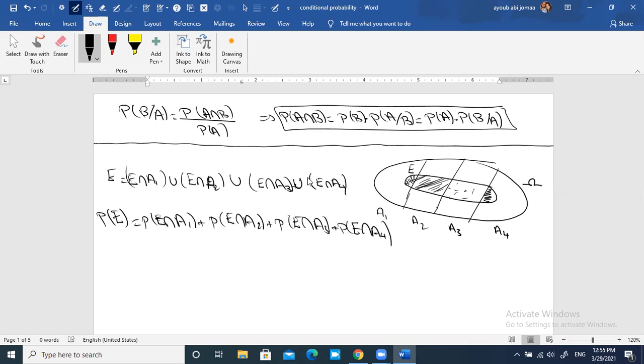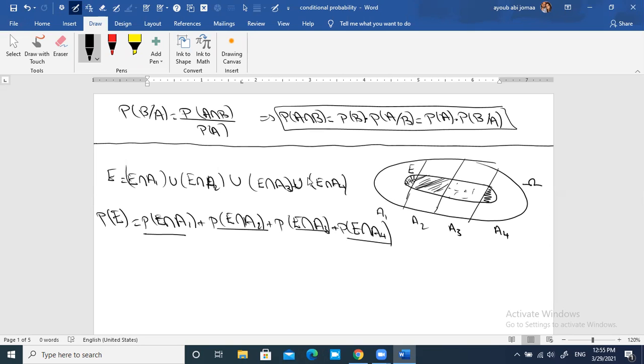Probability of E is probability of E intersection A1 plus probability of E intersection A2 plus probability of E intersection A3 plus probability of E intersection A4. Right. Now how to find the probability of each one of these? Depending on the given, you may apply this.